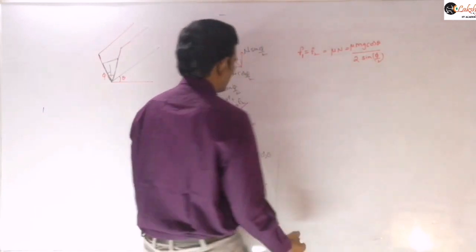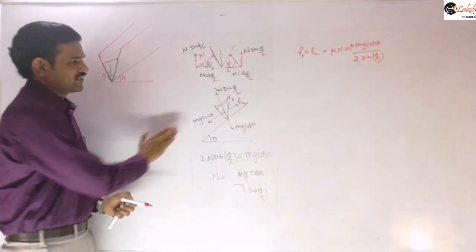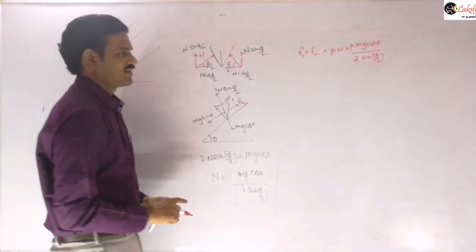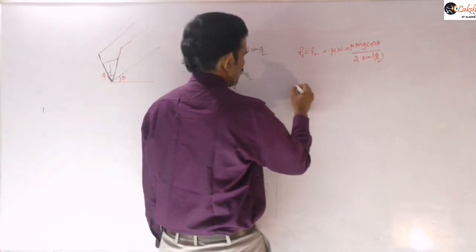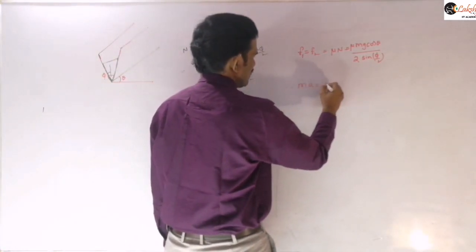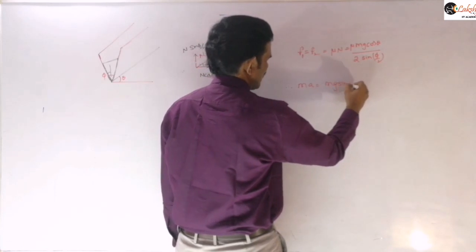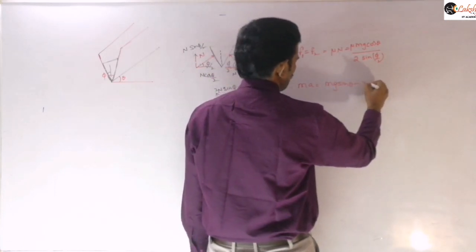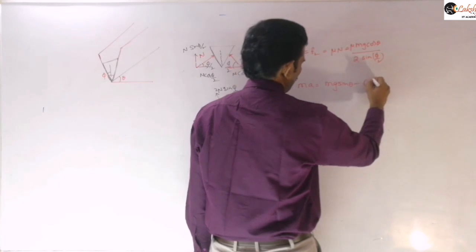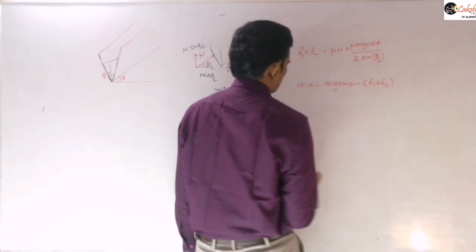And so therefore I am now writing the acceleration. The friction is acting in the backward direction, and mg sin theta is acting in the direction of the acceleration. Therefore the net force equation is ma equal to mg sin theta minus F1 plus F2, these two frictional forces.